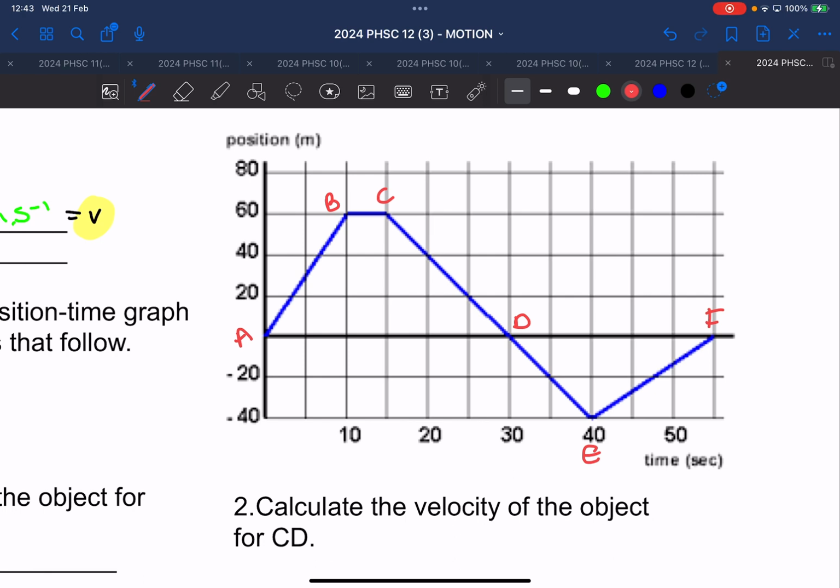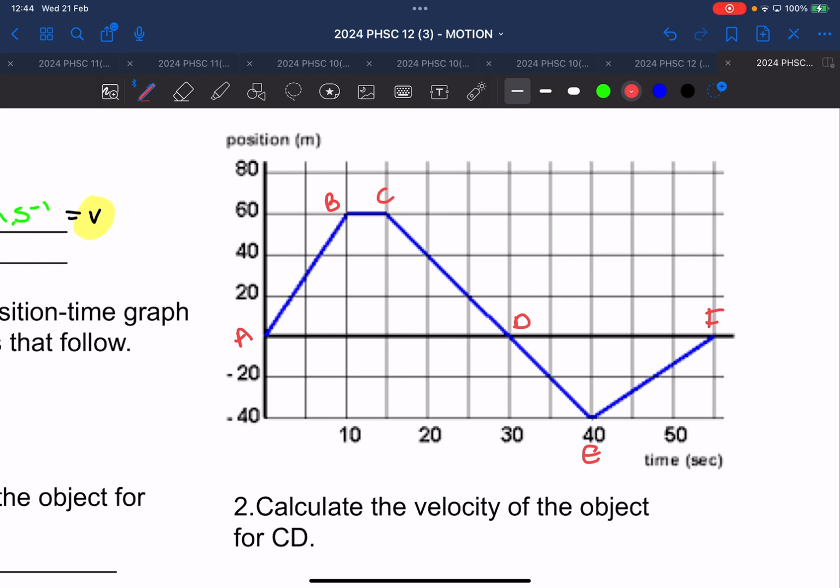Then, for 5 seconds, it stays at 60 meters. So it's stationary, because the gradient is 0, the velocity is 0. It's not moving. Then we can see the gradient is negative. Negative gradient means negative velocity, means velocity in the negative direction.